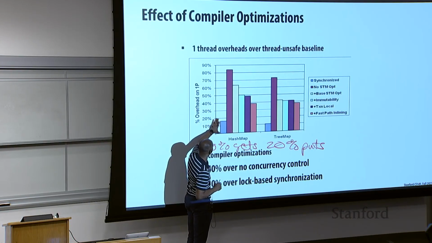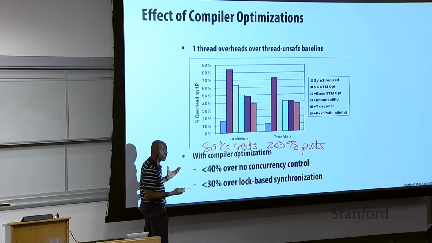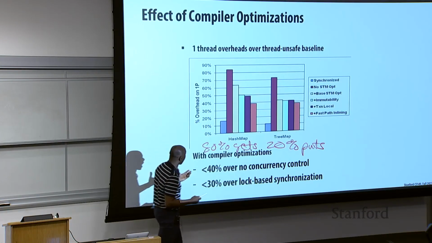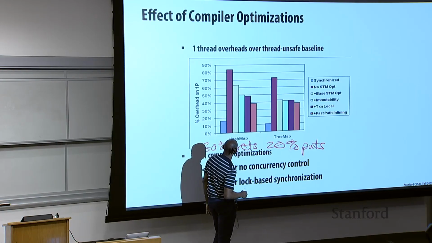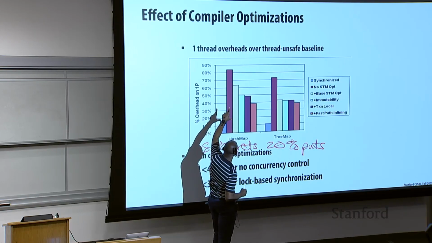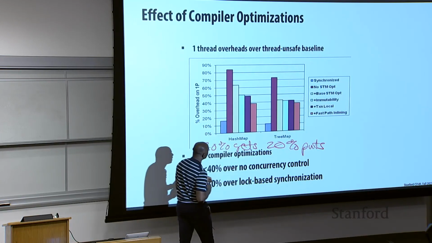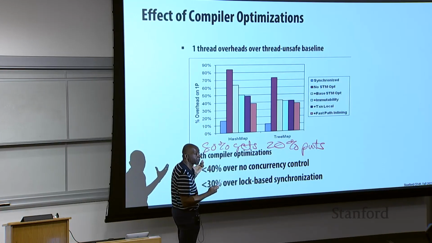The blue bar represents the overhead of using a single coarse grain lock synchronized over the whole method. And the purple reddish bar is what happens if you use a software transactional memory that does not have any compiler optimization.